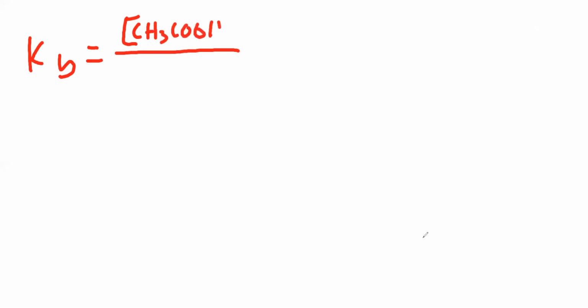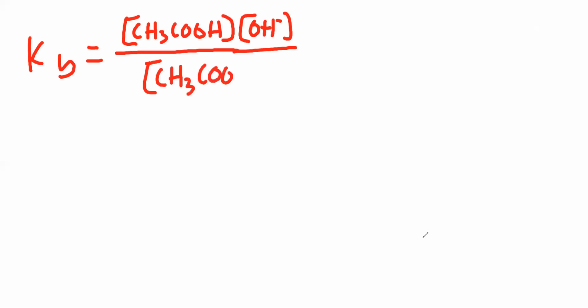So the Kb is what we need for this reaction that we had in our RICE table, where here are our products, acetic acid and the hydroxide ion, and our reactant is the acetate ion. So we need the Kb.